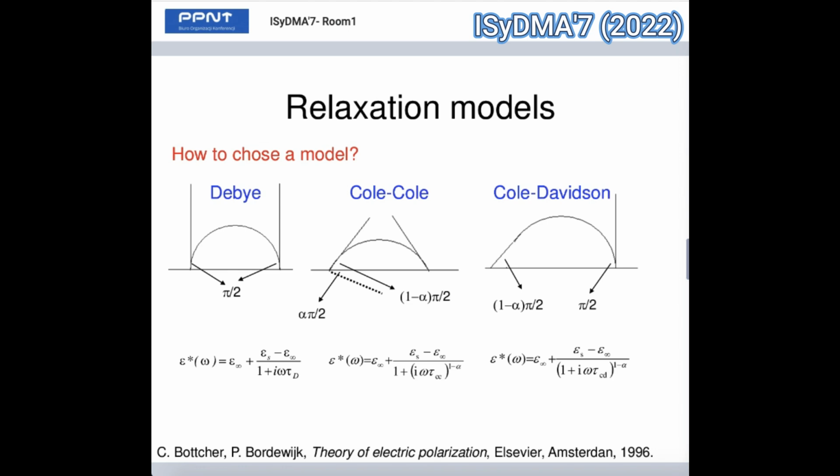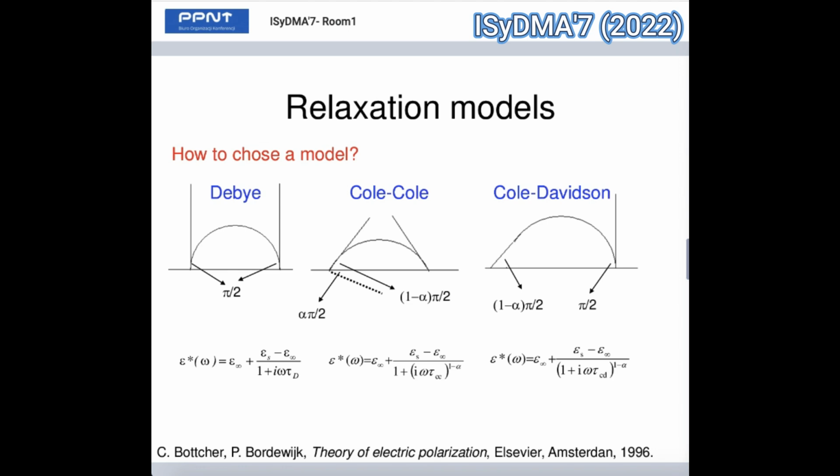So we are in the Cole-Cole model, and we know that exactly this angle here is alpha multiplied by 90 degrees. So again, we see if alpha is 0, this angle is 0, so the center is again here. So again, we can see that Cole-Cole transforms to the Debye model.